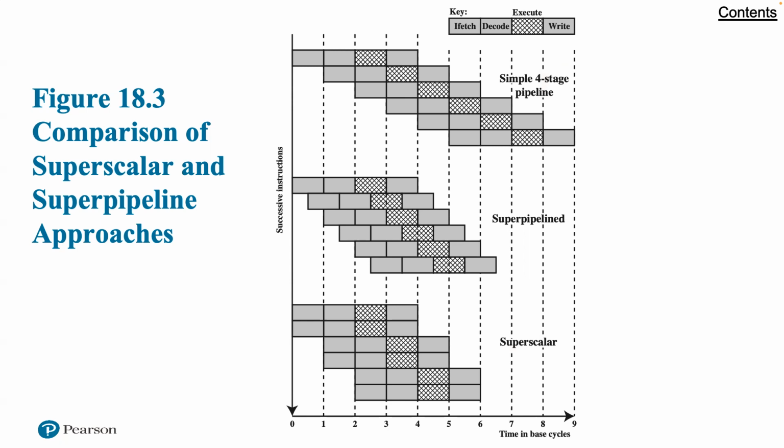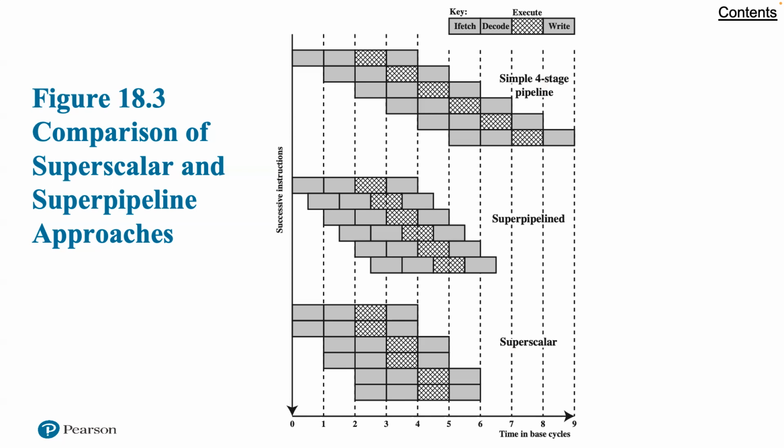The pipeline has 4 stages: instruction fetch, operation decode, operation execute, and write back the result. The execution stage is crosshatched for clarity. Note that although several instructions are executing concurrently, only one instruction is in its execution stage at any one time.